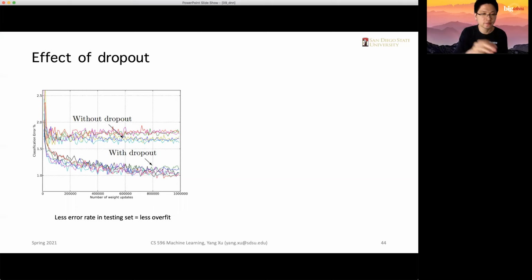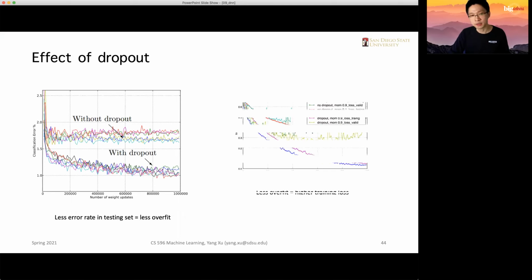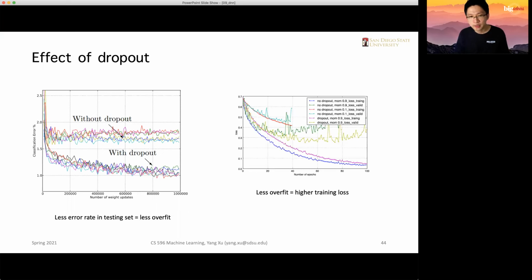The upper curve is without dropouts, and with dropouts it has a significantly lower error rate, which is better performance on the test set. The training loss is higher if we apply dropouts. That is also understandable, because we fit the model less to the training data if we apply dropouts.